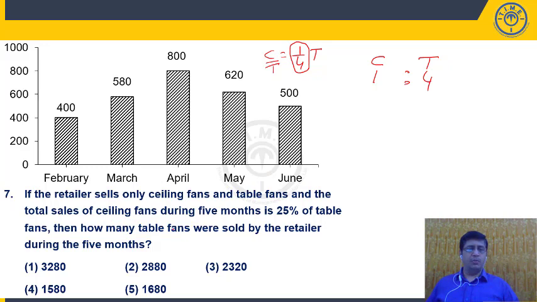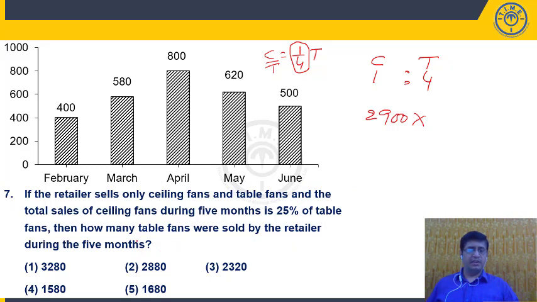Now what to find? How many table fans were sold by the retailer during the 5 months? So what is the total number of ceiling fans sold here? Now add this one. I am adding from right to left. Just look at 500, I am adding only the hundreds digit here. 500 plus 611, adding this, 19, 24, 28 plus 100, 2900. So 2900 is the total number. Now what to find here? Table fans.